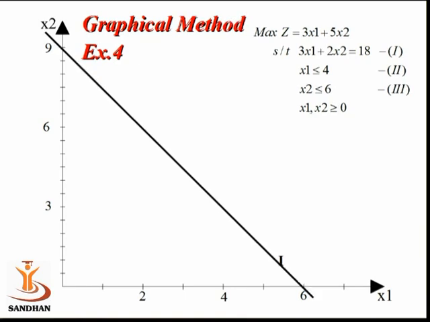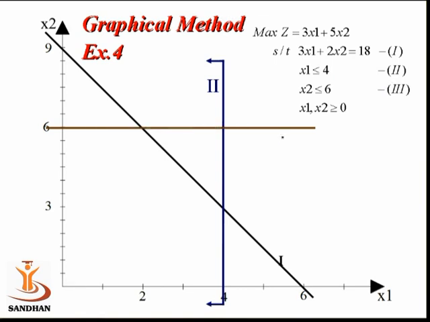We have already learned the equations and their lines and the regions shown by them. Equation 1 is of equality type, so all the points on line 1 will satisfy equation 1, not above, not below. Equation 2 will represent the region on the left hand side, and equation 3 will represent the region below the third line.